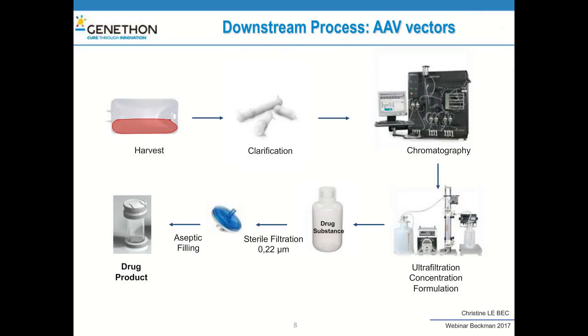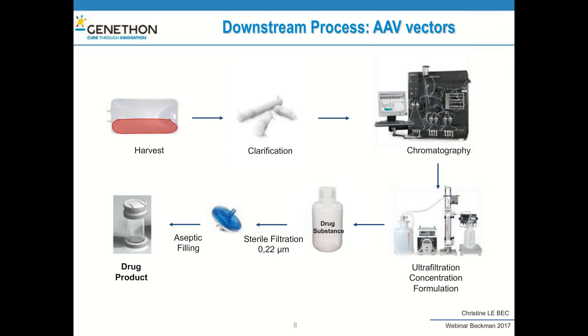After that, I will present just the four on this slide, the downstream process for purification of AAV. There are four different major steps. From the harvest, you make a clarification of the harvest.